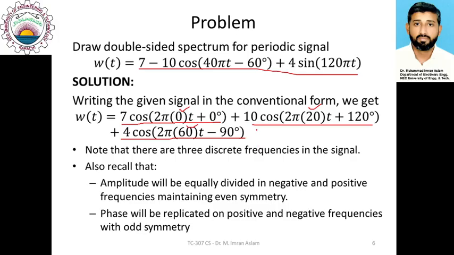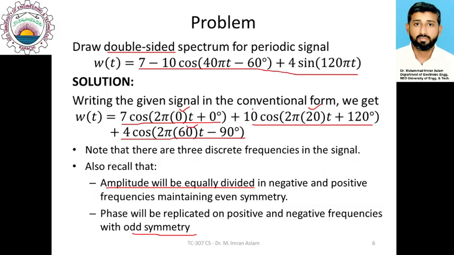But for this particular case, we are going for the double-sided spectrum, and you should recall that in the double-sided spectrum the amplitude is equally divided, meaning half the amplitude appears at the positive frequency and half at the negative frequency, whereas the phase has odd symmetry and is replicated at positive and negative frequencies.